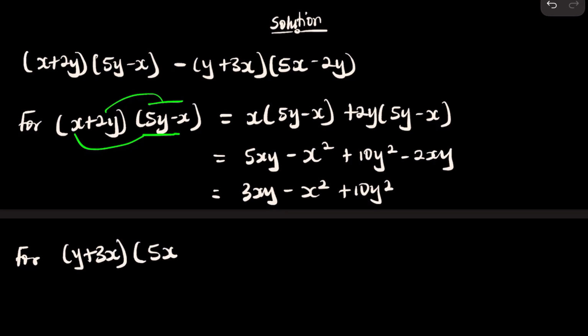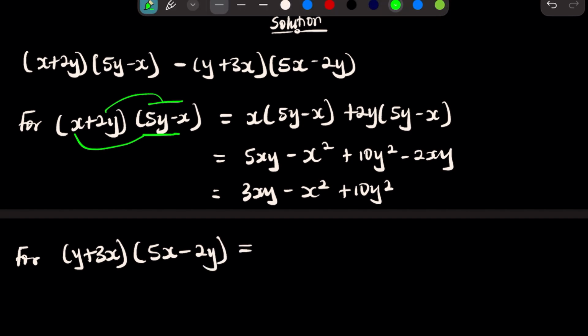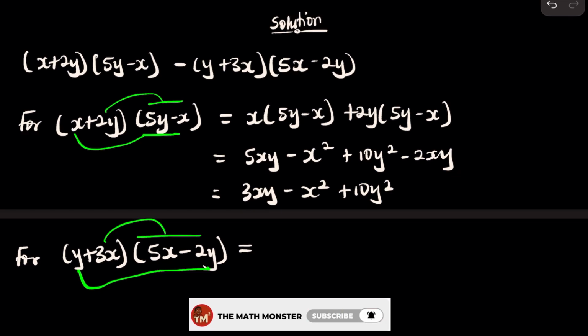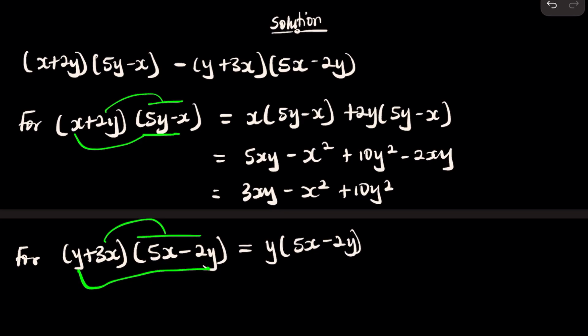multiplying 5x minus 2y. So similarly here, y will multiply the whole of this expression, and also 3x will multiply the whole of this expression. And so we are going to have y multiplying 5x minus 2y, then plus 3x multiplying 5x minus 2y.